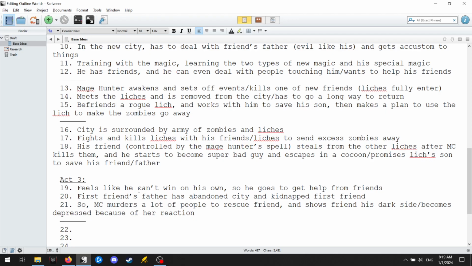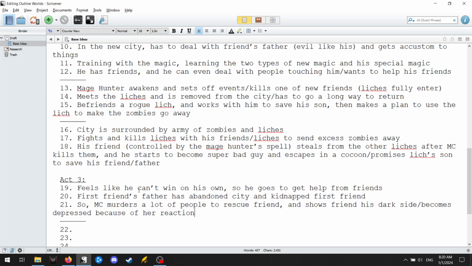So yeah, that's how that kind of sets up. The friend basically is saved by him, but it's by him murdering a few hundred people really quickly because he's got those special powers, and he just basically falls back into his old assassination protocols that his father drilled into him from toddlerhood, and just murders a whole bunch of people.